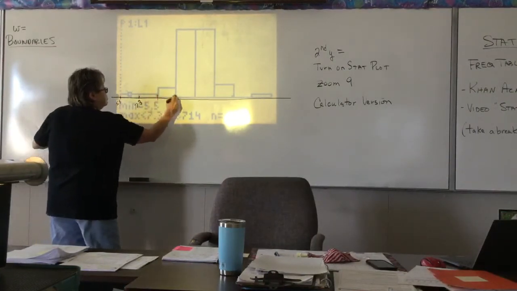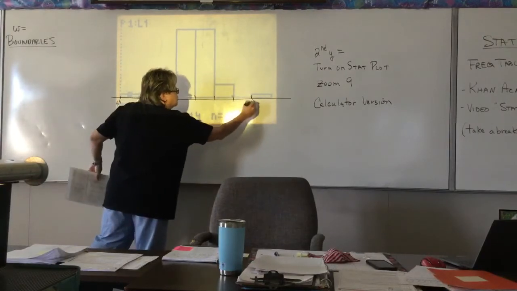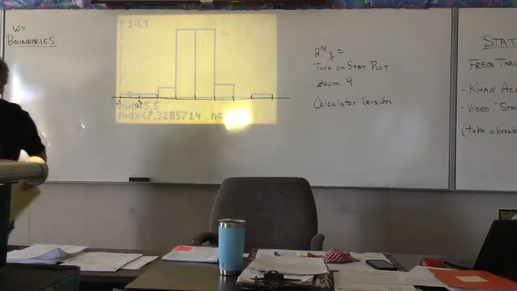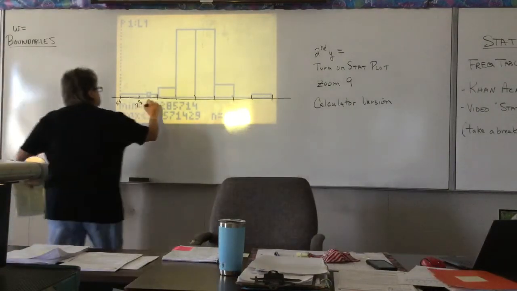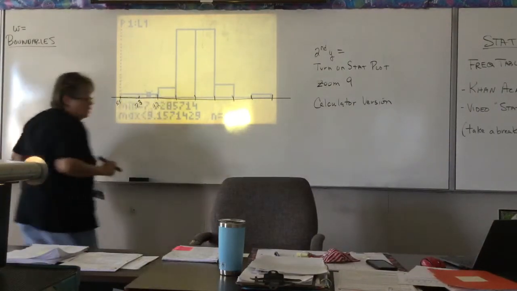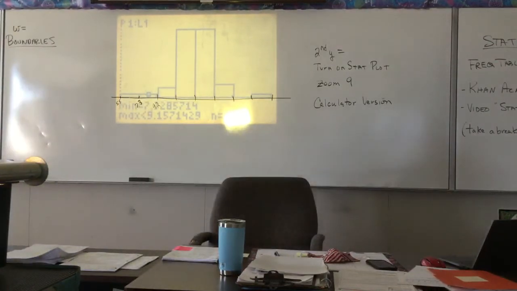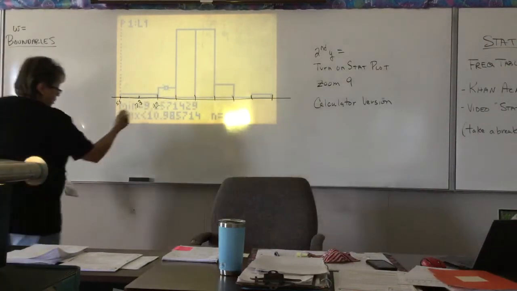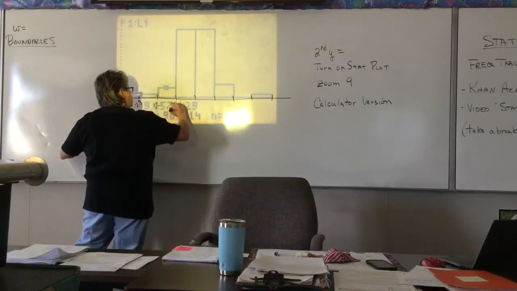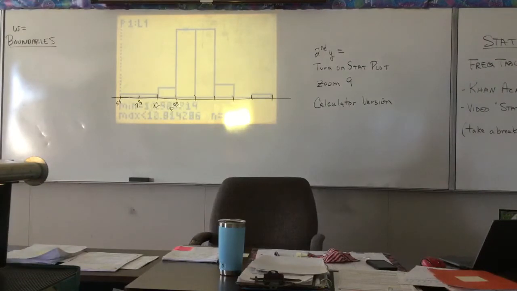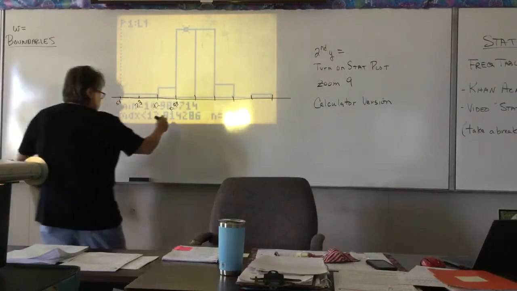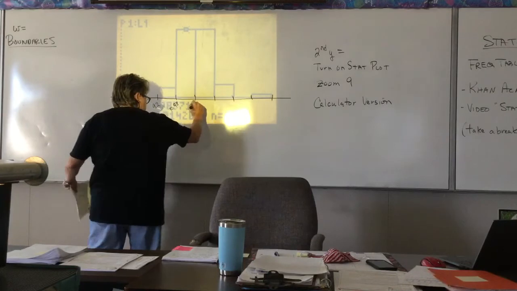Then we want to go across here and come up with the values for all the boundaries going across, so you just use your right arrow. Where that 7.3 stopped is now a min. The next max would be at 9.2. Then we'll go to the next one, and we'll have a 10.98, so that's almost 11, but just so I remember it wasn't a perfect 11, I'll put the decimal. And again, these are approximations coming off the calculator, so we're okay.